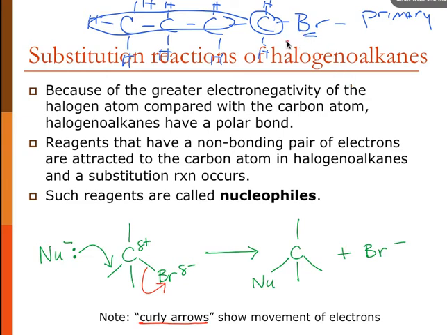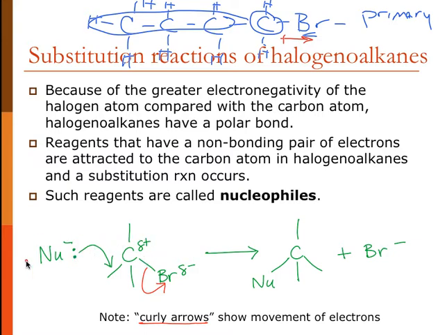All right, so let's talk a little bit about the structure of these. This is a polar bond, greater electronegativity on the bromine, pulling the electron cloud this way, compared with this carbon-to-carbon bond. So what happens with this polar bond is this carbon atom has a partially positive charge.